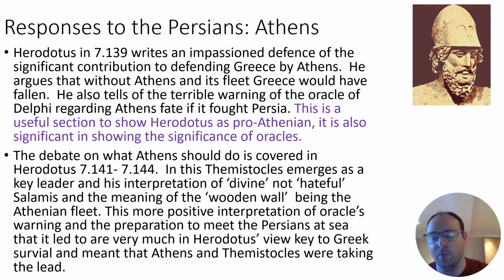We look at the seven-side column, and it's dominated by Sparta to start with, and then by Sparta's allies. But Plataea is a land battle, and what Herodotus is saying is that actually the key to defeating the Persians is at sea, and it's the strength of the Athenian fleet that will prove really significant.